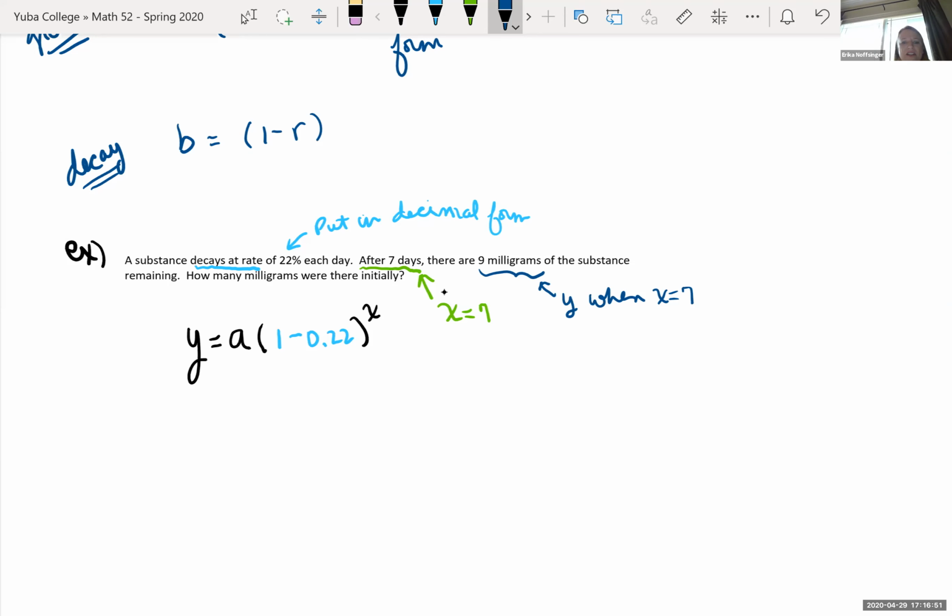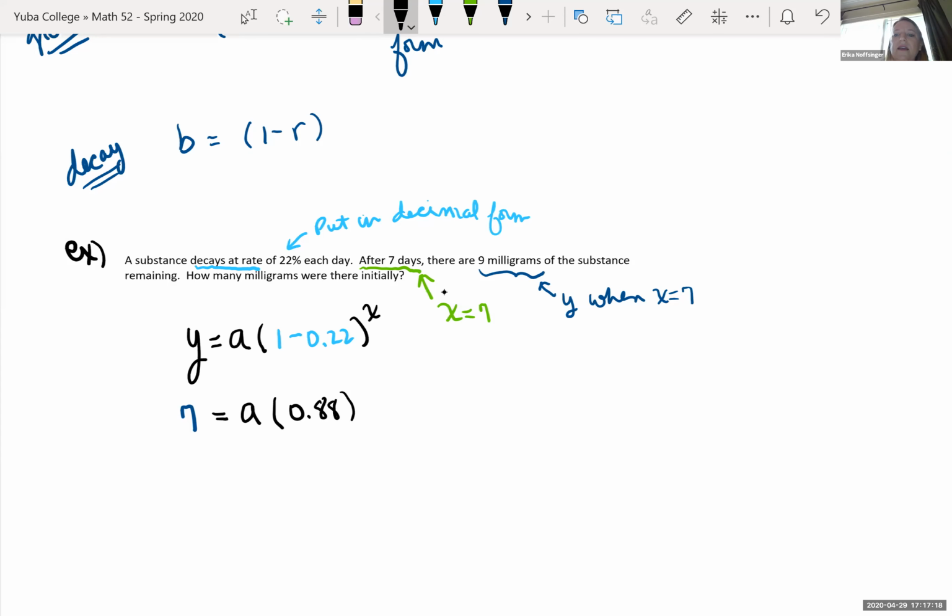If we go back into our equation and plug in those values for Y and X, we'll be left with an equation just with A, and we can solve for that. So we have Y is equal to A, which we're trying to solve for, all times 1 minus 0.22. If you do that, you're going to get back 0.88.